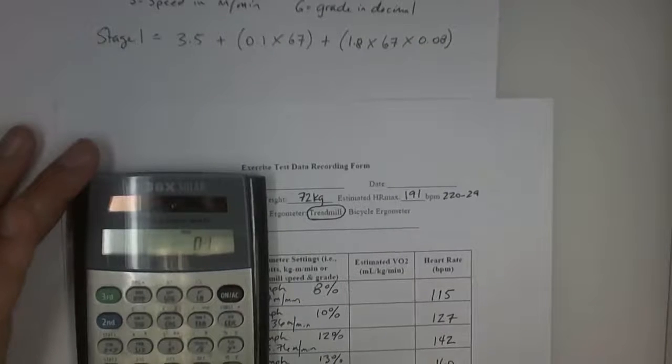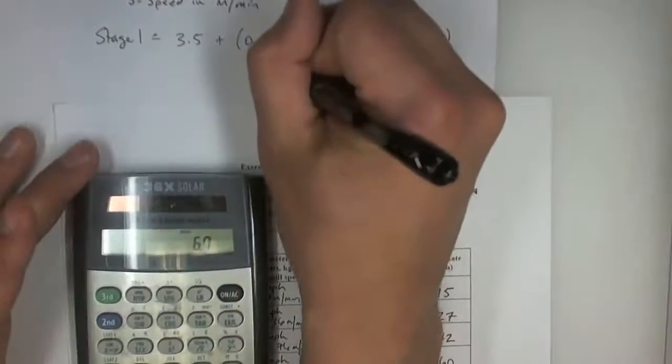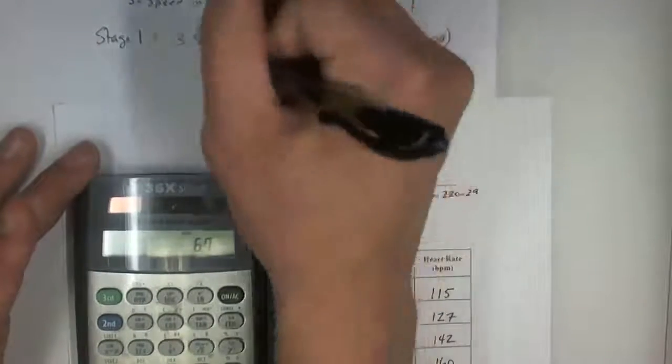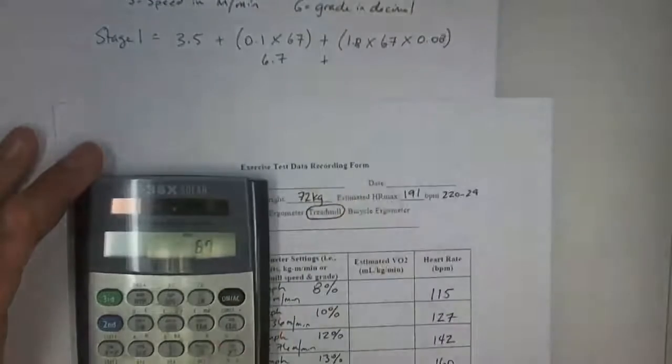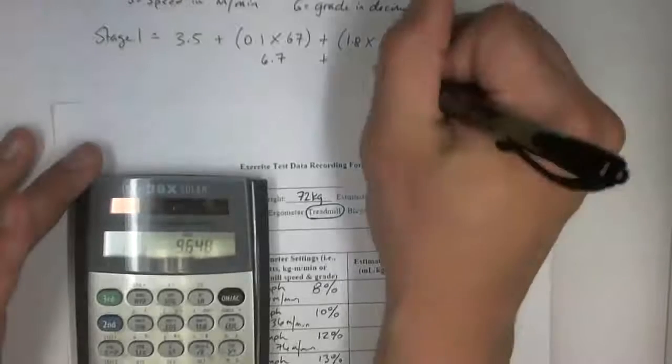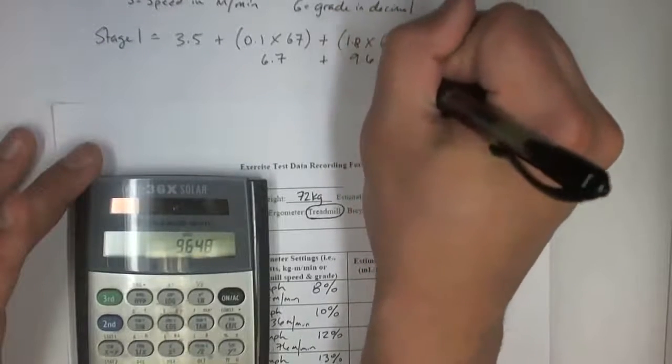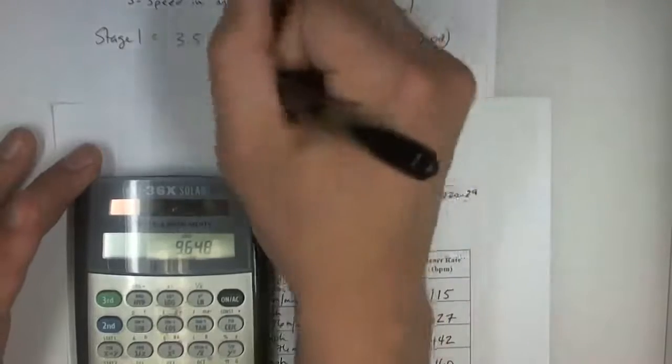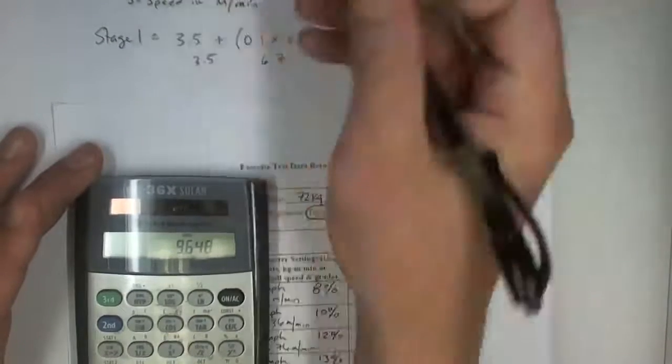So 0.1 times 67, we'll just move the decimal place. So this one's easy, 6.7. And then the next one, 1.8 times 67 times 0.08 gives us 9.6. I'm going to round to 9.65. And then we'll add up the three values.